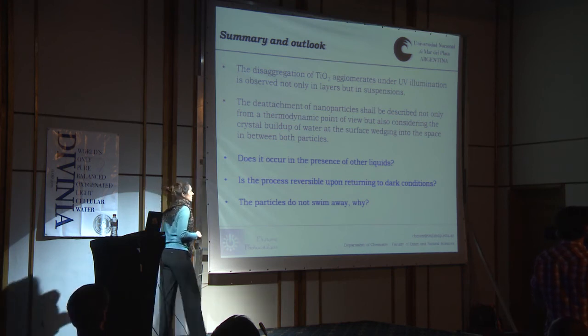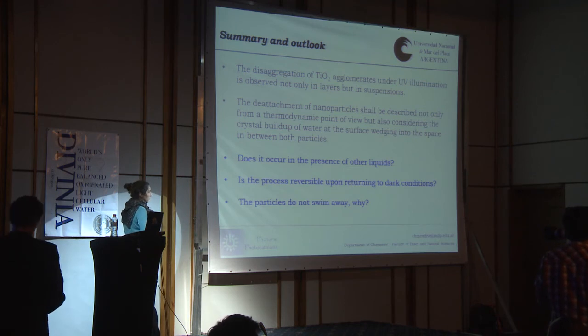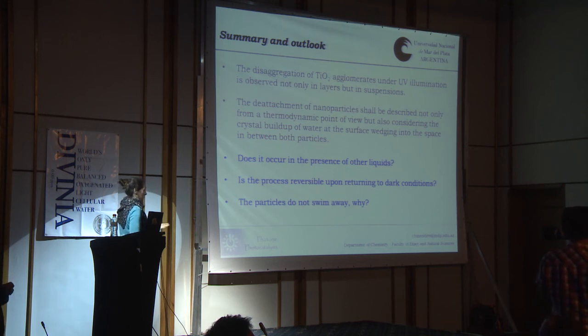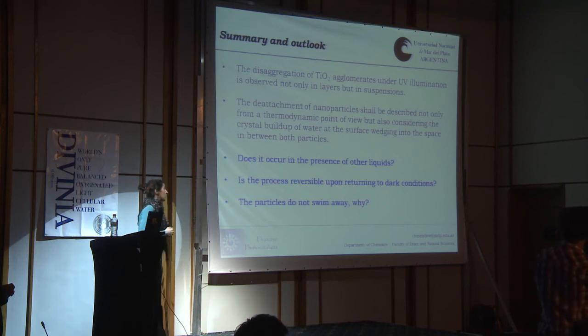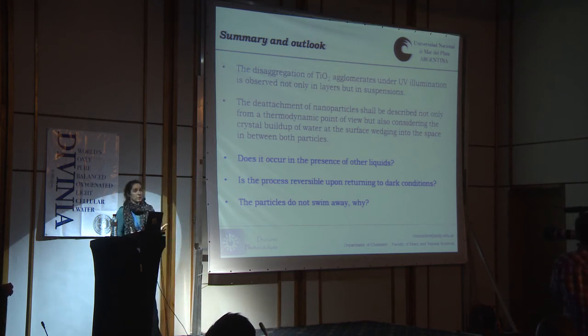These are open questions that we are dealing with now, and we ask ourselves whether this occurs in the presence of other liquids, for example, or if this process is reversible upon turning to dark conditions, and why the particles do not swim away. Is it related to the structuring of water?